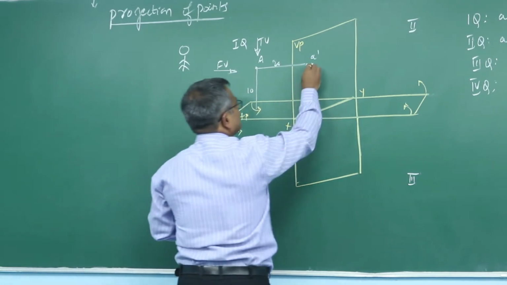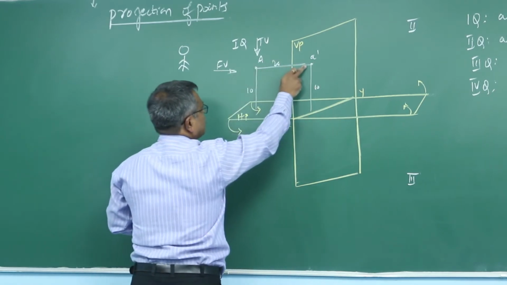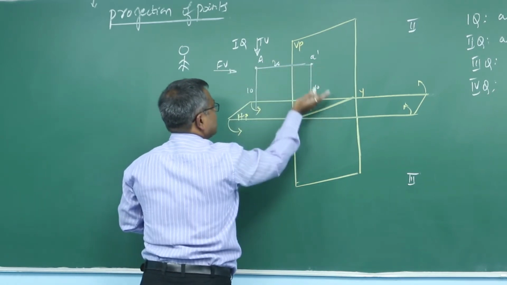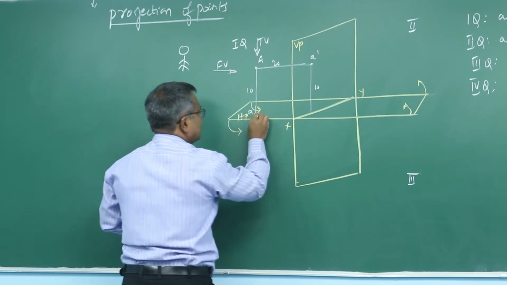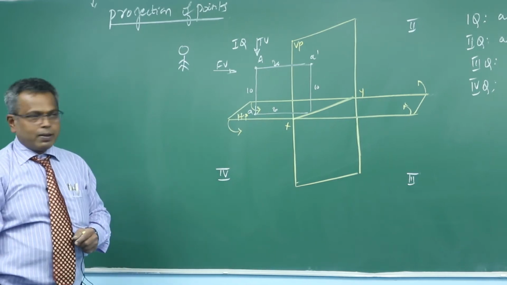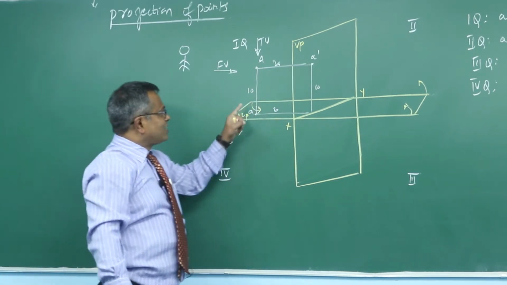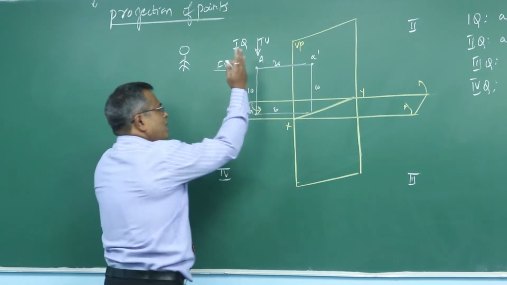What is the distance from the XY line here? It is 10 millimeter. The front view A dash is projected on VP at a distance of 10 millimeter from the XY line. The top view A is projected here at a distance of 20 millimeter from the vertical plane. So once you have projected A dash, the front view, on VP, the top view A is on HP, with VP fixed.